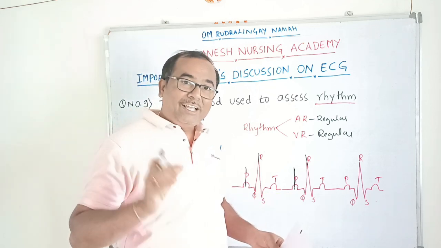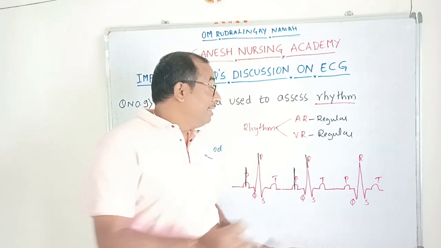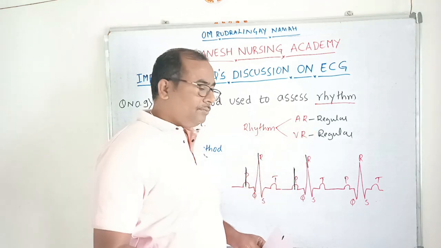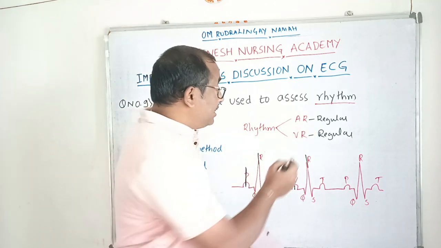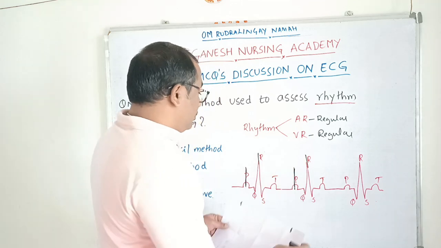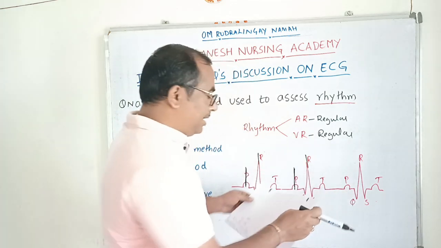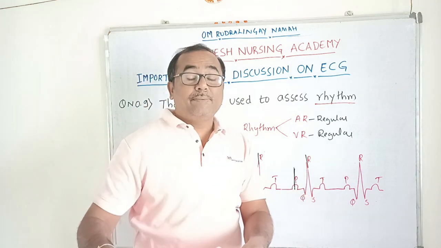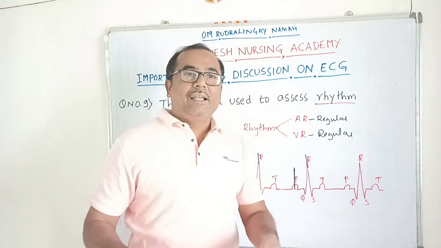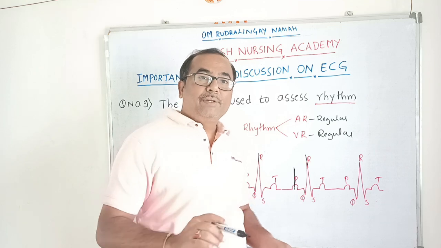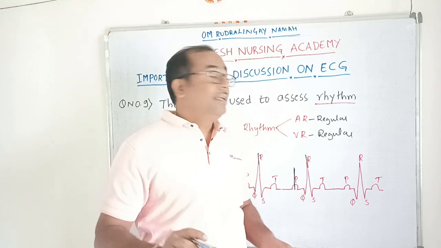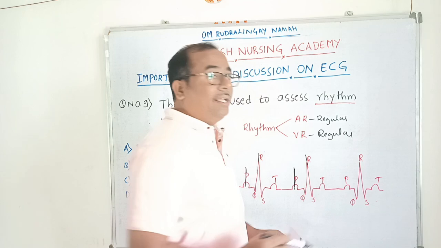If it is equal, then the atrial rhythm is said to be regular. Likewise, to assess the ventricular rhythm, mark the distance between two consecutive R waves, then measure the distance between two consecutive R waves everywhere in the ECG strip. If it is equal everywhere, then the ventricular rhythm is said to be regular.